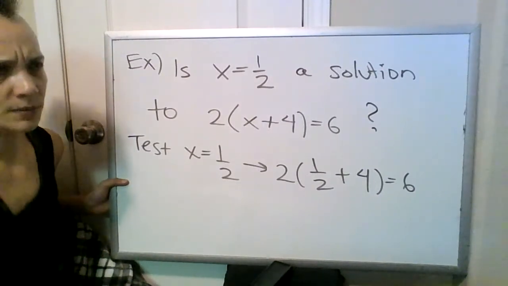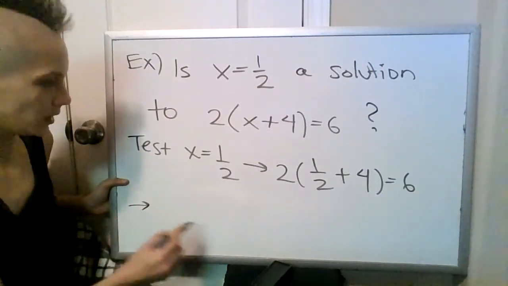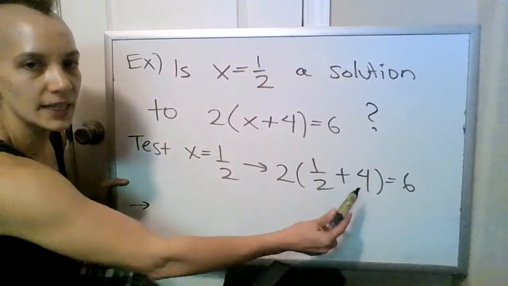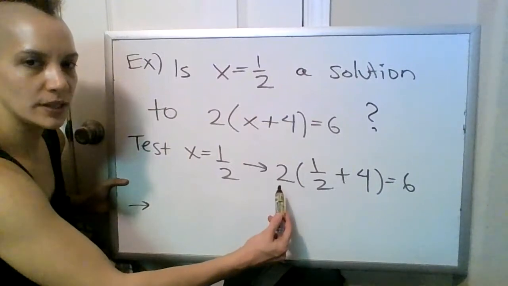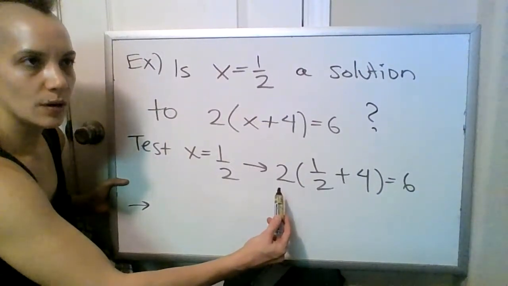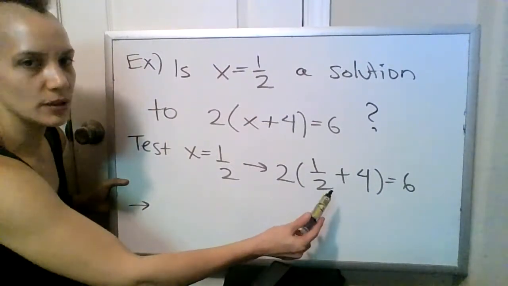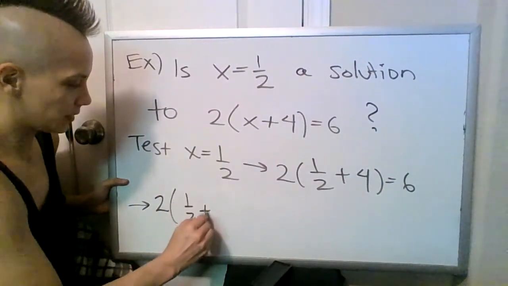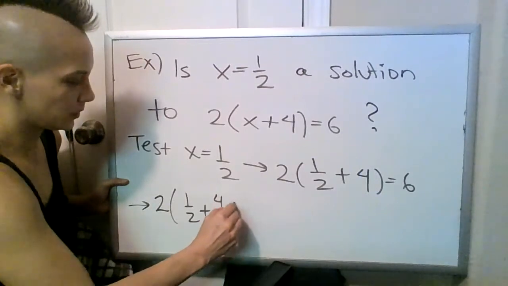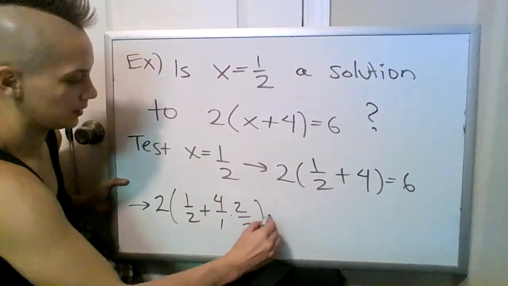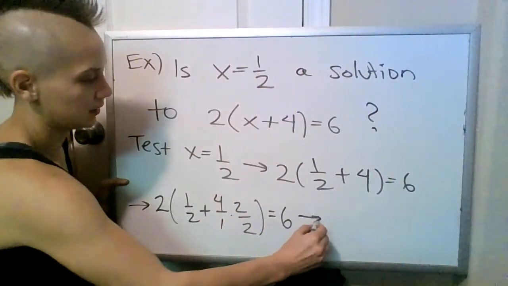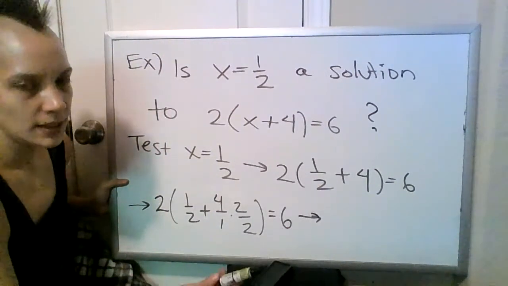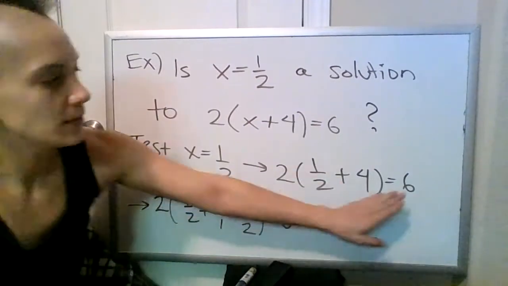So there are different steps to take next. You could either distribute 2 to both terms, or we can add inside the parentheses and then multiply by 2. Let's do that. So 2 times 1/2 plus 4, 1 times 2. I'm not trying to solve anything, so leave this 6 sitting here.